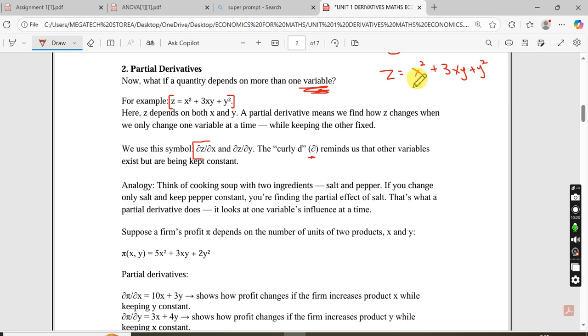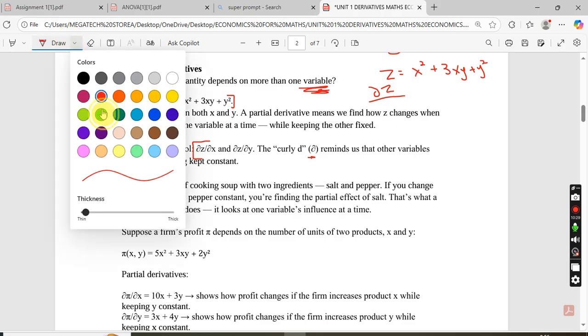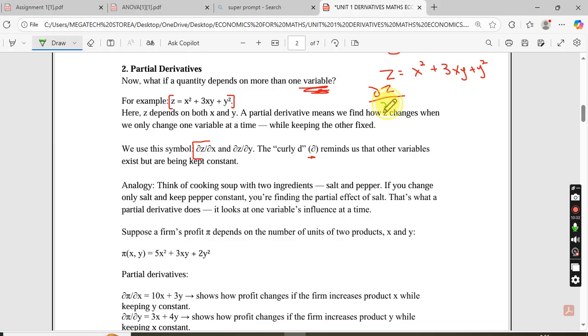If we derive this function with respect to x, you're deriving the z function with respect to x, meaning the only variable you're focusing on is x. If a term doesn't have an x, it disappears. So this y squared we won't consider, because it doesn't have an x. We're only going to derive this x squared and this 3xy.